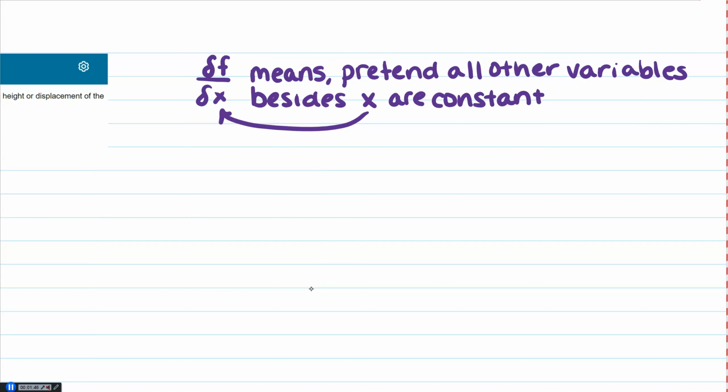So if your function has two variables, if your function's f of x and y, well, then we would pretend all the y's are just values.